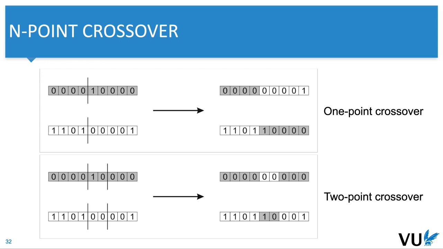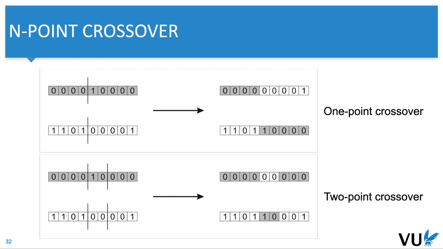Okay, so we see that actually we created two children, right? So one may see an inconsistency. On the previous slide I said that from two parents we create one, but actually we just create two here. In many cases we actually create two new ones.